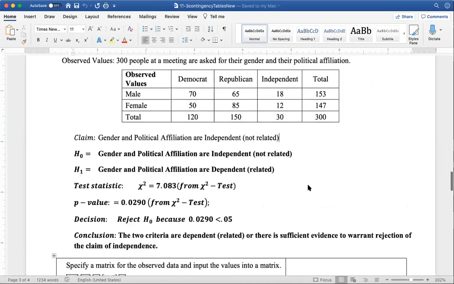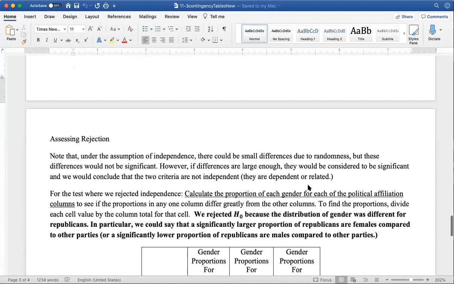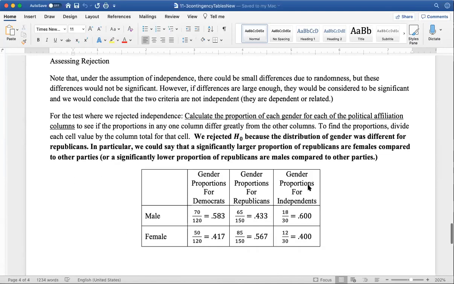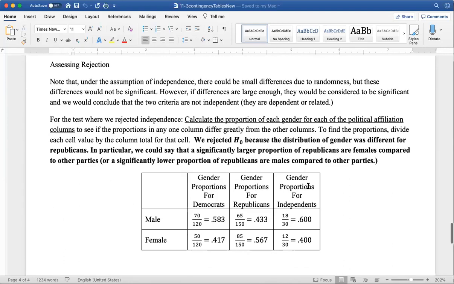Okay, now the last thing we want to worry about is, if we reject, how are we going to assess this relationship? Well, you'll remember what we did in the first one. We assumed that they were going to be independent, and the test said, yes, indeed, they are independent.